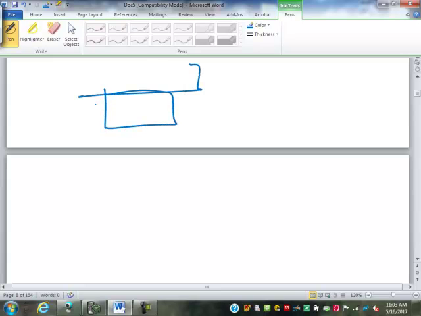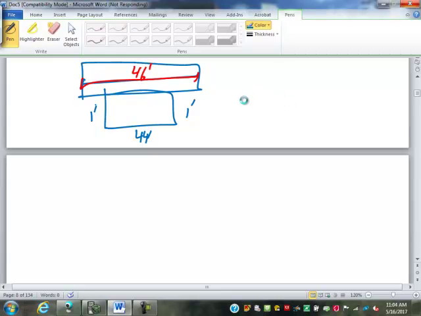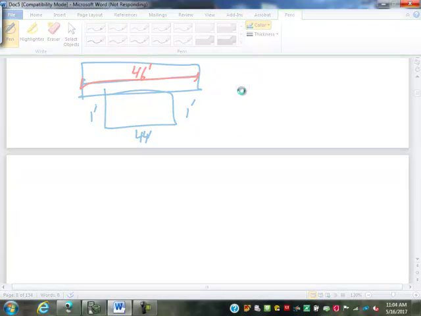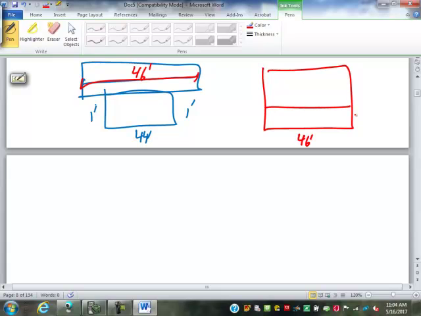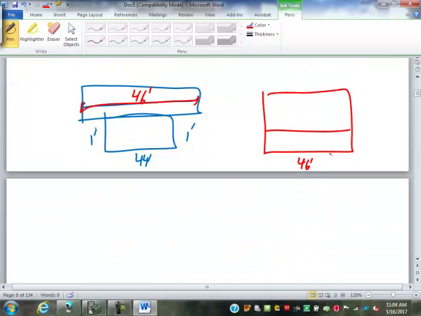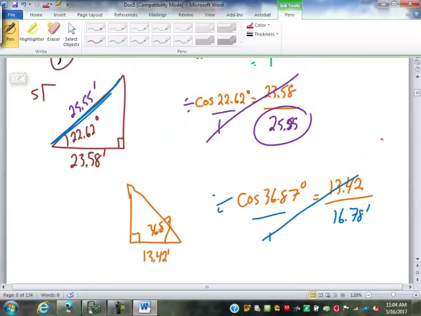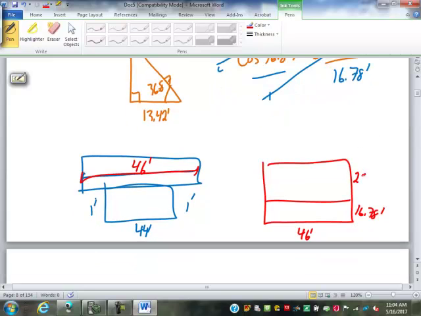Your front view looks like this, right? 44 feet, 1 foot overhang on each side, which makes this 46 feet. So that roof is made up of 2 panels, both 46 feet long. This first panel is 16.78 feet wide. Second panel is 25.55 feet wide.